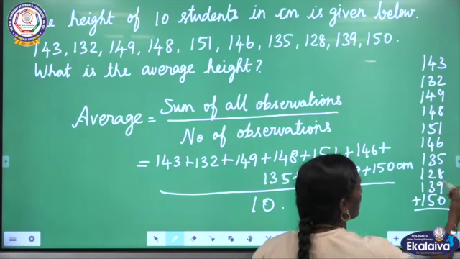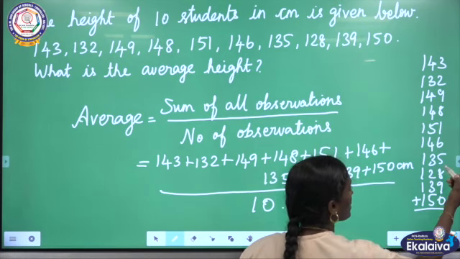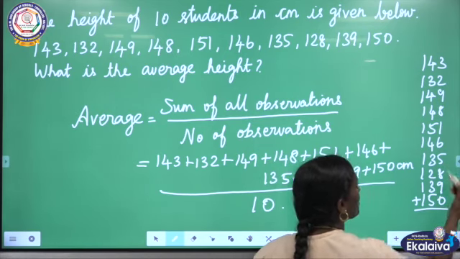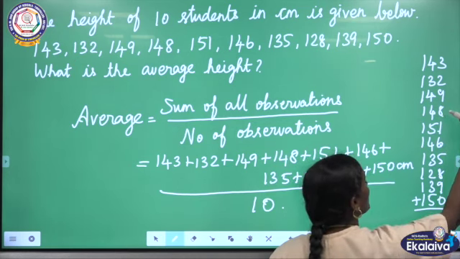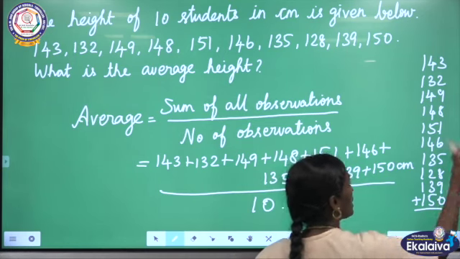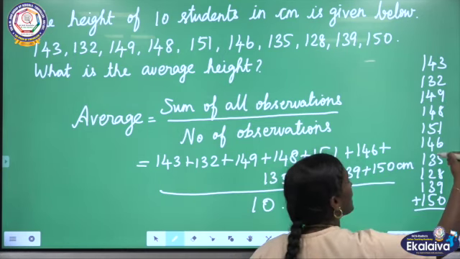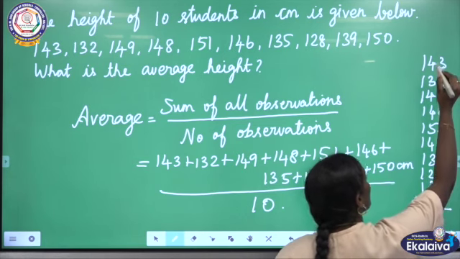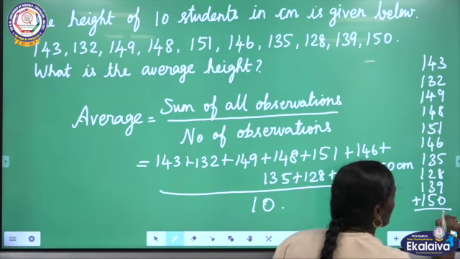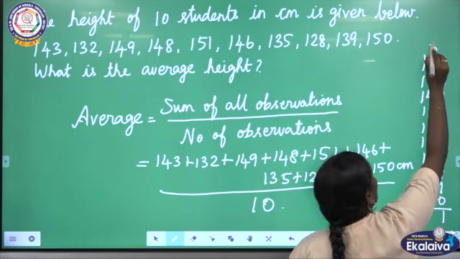Here 0 plus 9, 9, 9 plus 8, 17, 17 plus 5, 22, 22 plus 6, 28, 28 plus 1, 29, 29 plus 8, 37, 37 plus 9, 46, 46 plus 2, 48, 48 plus 3, 51. So 1 here, 5 carry over.